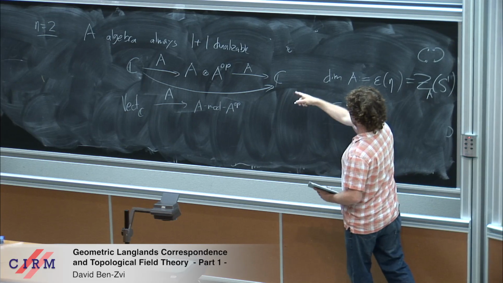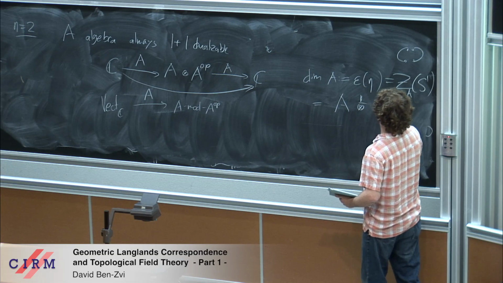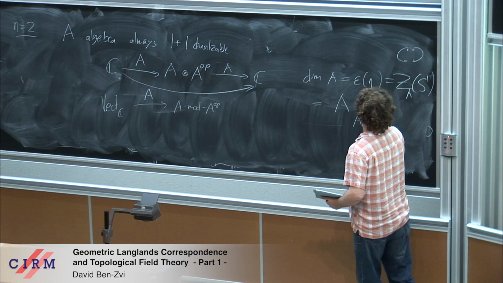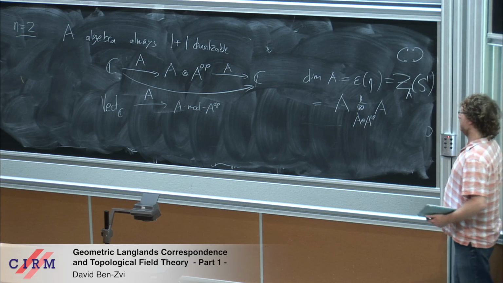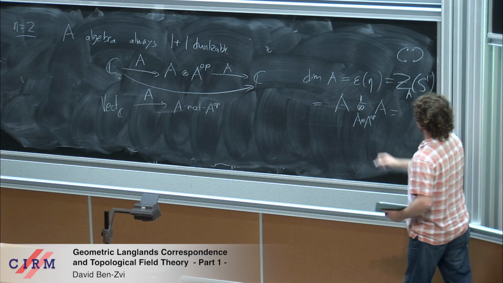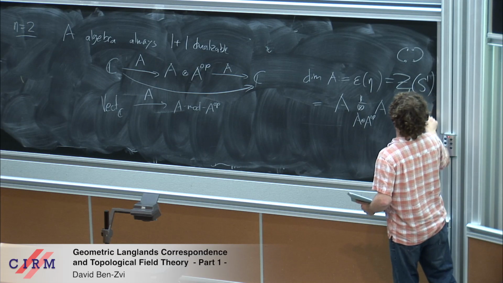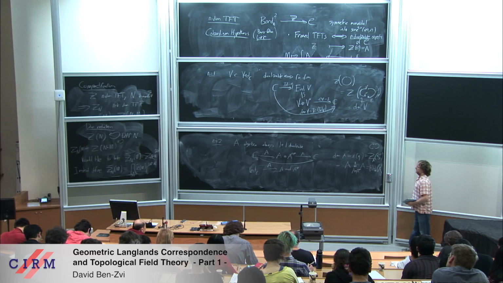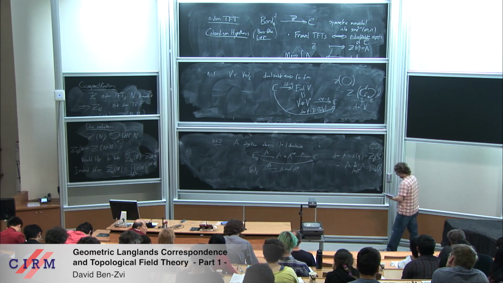I get the composite of these two, which is A tensor, and I'm going to emphasize that everything is secretly happening in some DG world, so it's a derived tensor product of A with A as bimodules, which is the Hochschild chains of A. So that's the value of the field theory on the circle.